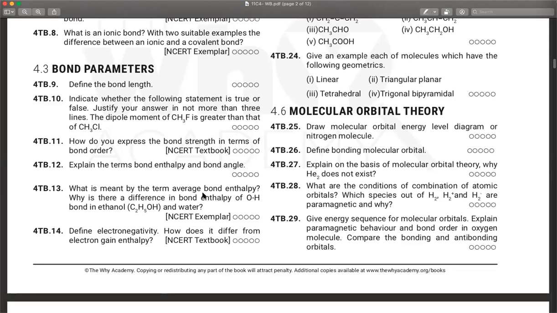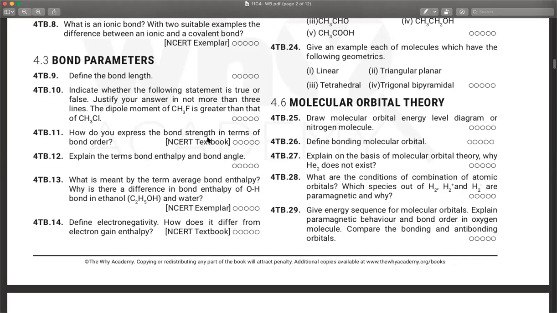CH3 is common between the two, and as F is more electronegative, the polarity is going to be higher. You don't say dipole difference, you say the polarity is going to be higher. Okay, my bad. And hence the dipole moment is greater.